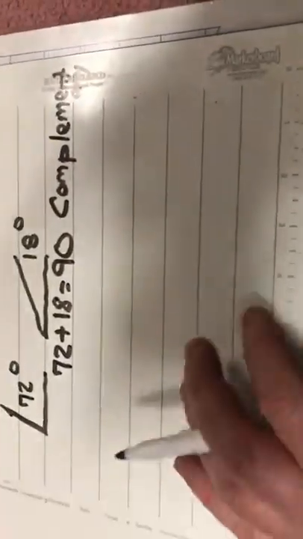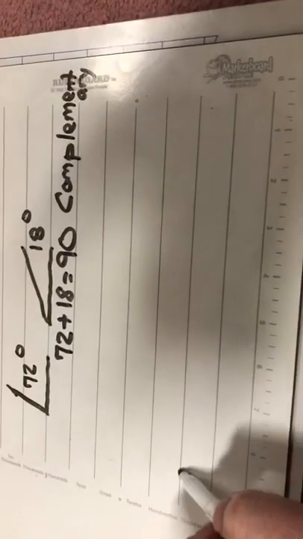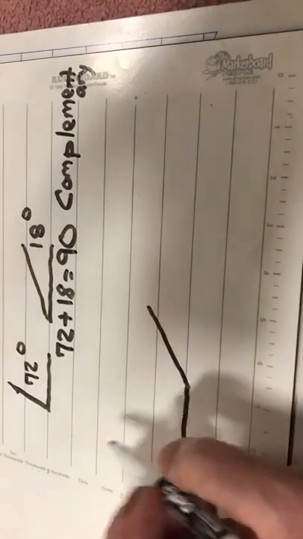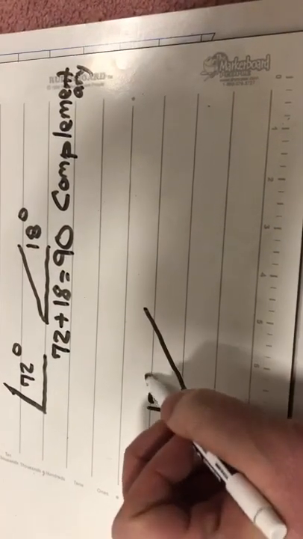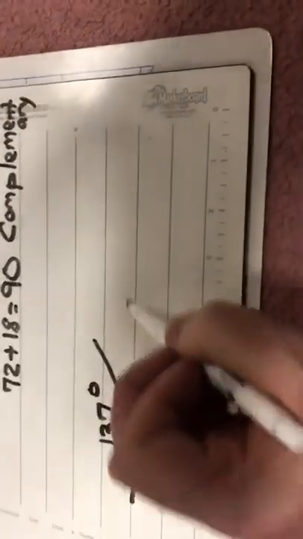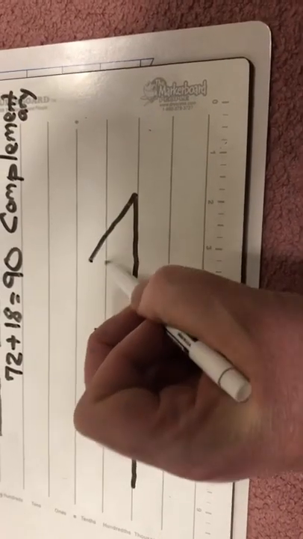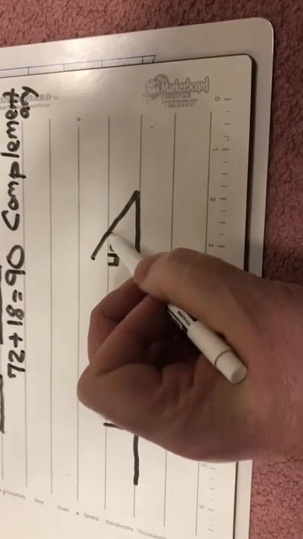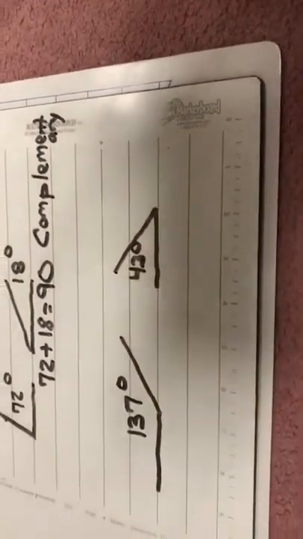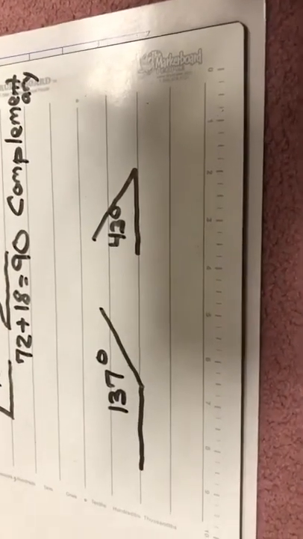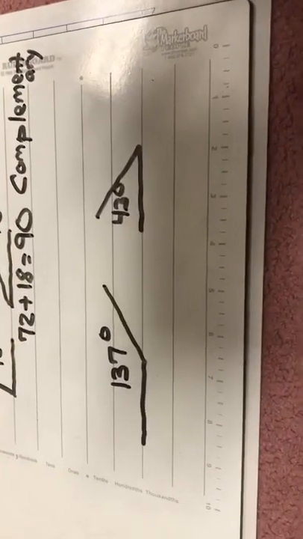Now, if I have two other angles, let's say I have an angle here. We're going to say that angle is 137 degrees. Then I have an angle here, and we're going to say this angle is 43 degrees.